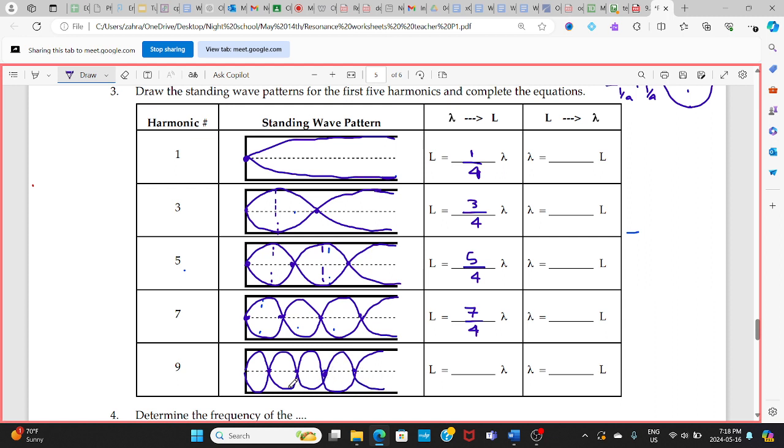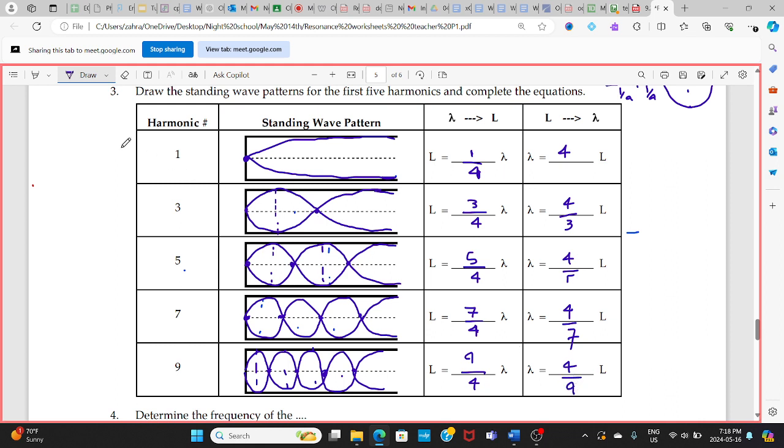I know it's not that symmetric, but if you just divide it to the 4 quarters, 1, 2, 3, 4, 5, 6, 7, 8, 9. 9 over 4. And to rearrange for lambda, I can flip this one. It's 4 over 1, 4 over 3, 4 over 5, 4 over 7, and here is 4 over 9.